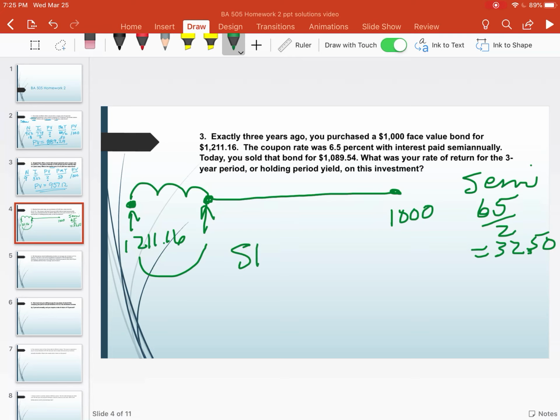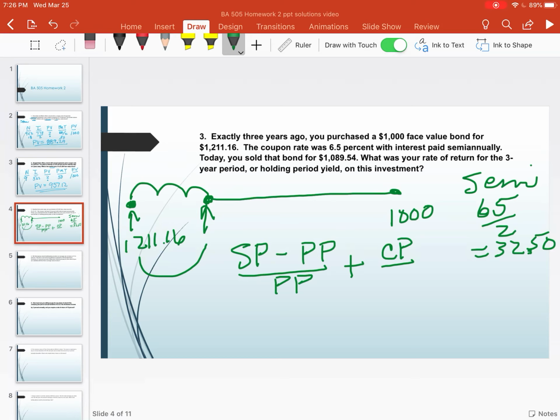So our selling price minus our purchase price, divided by our purchase price, plus our coupon payments during that time period, is going to give us what we're actually looking for.